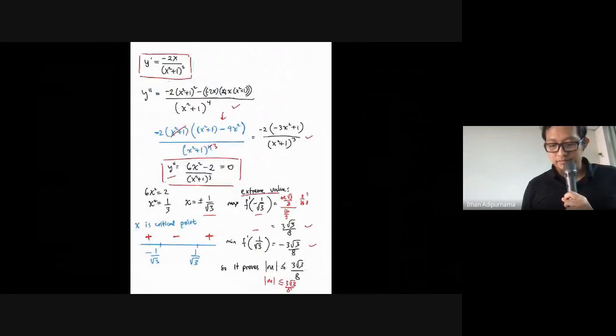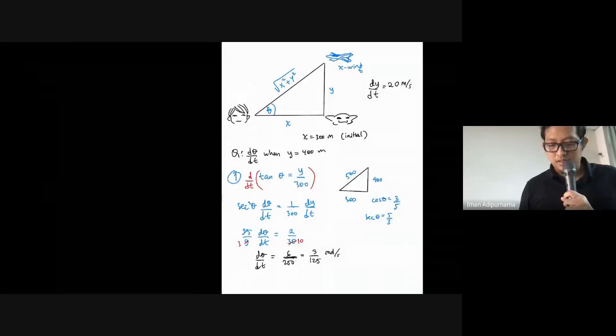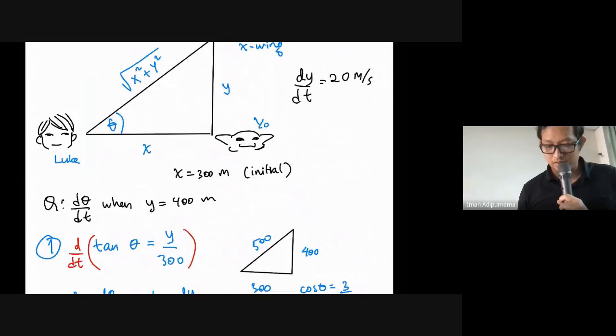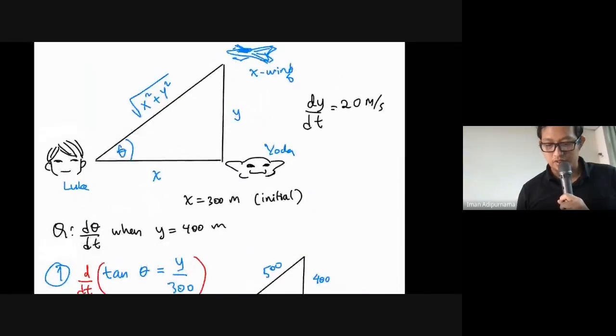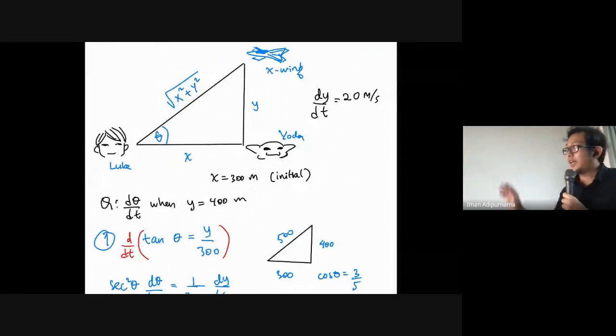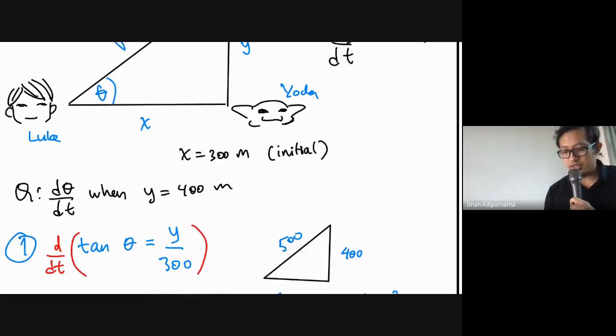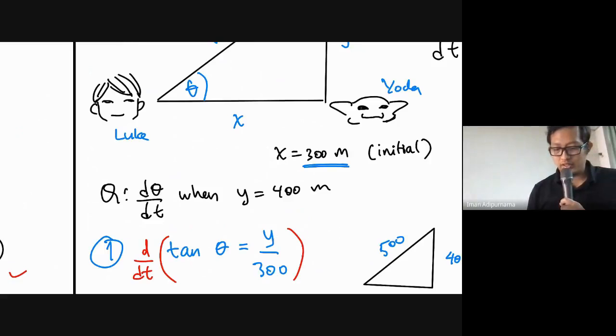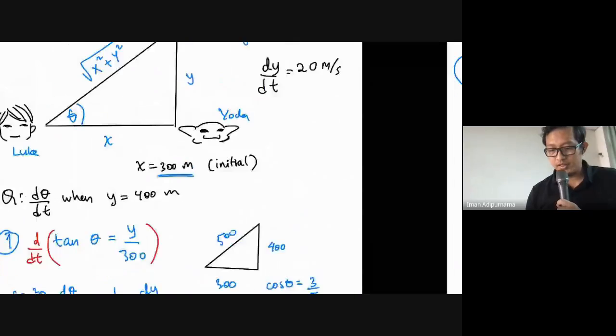And the second question. Okay, so this is Luke, this is Yoda, and this is the X-Wing. So at the initial point, there are 300 meters between Luke and Yoda, right?